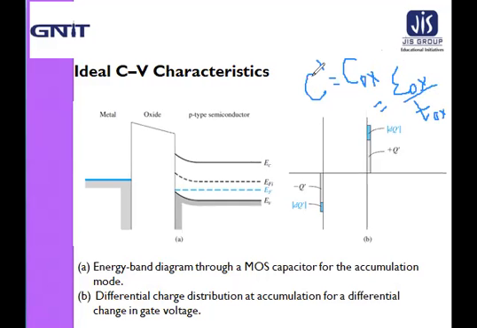That is the capacitance per unit area of the MOS capacitor for this accumulation mode. Hence, we can say that it is the oxide capacitance.